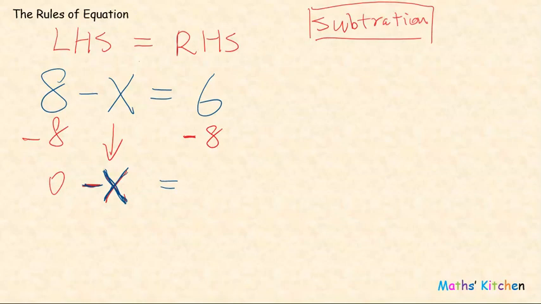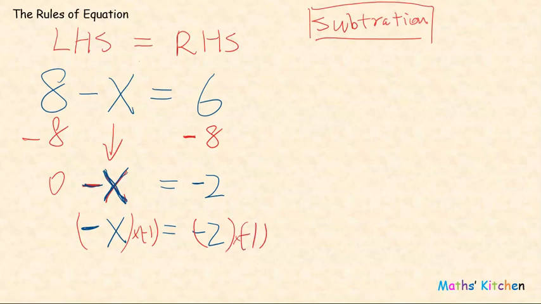6 minus a is negative 2. So far, you can see the answer is negative x equal to negative 2. Now, you need to times negative 1 in both sides.